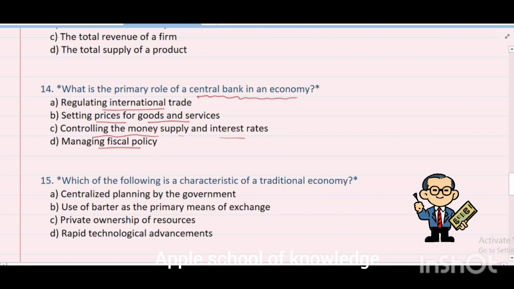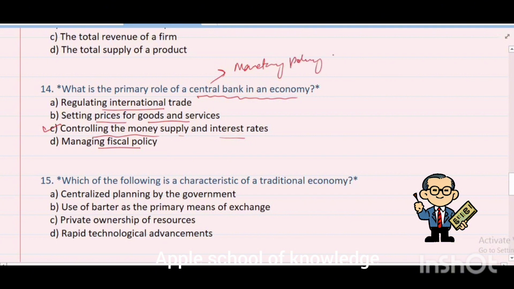Central banks are responsible for monetary policy, which includes controlling the money supply and interest rate. So option C is the correct one, because the central bank is just focusing on monetary policy.